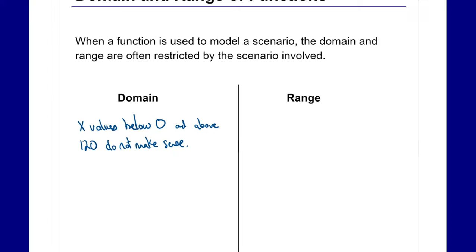The reason being, x represents the distance you have walked. So x is the distance walked on the bridge. So you can't walk negative values.